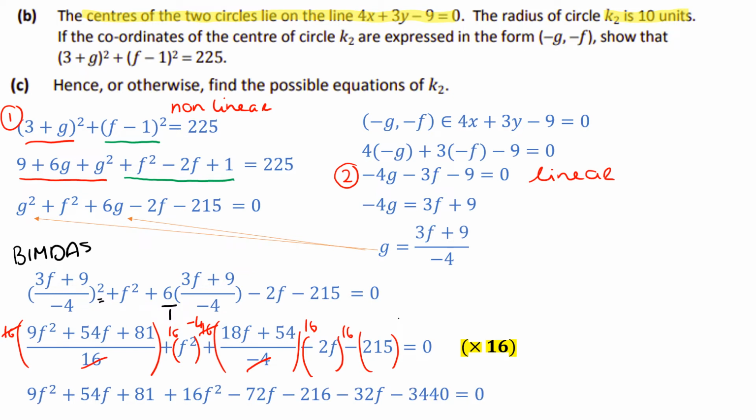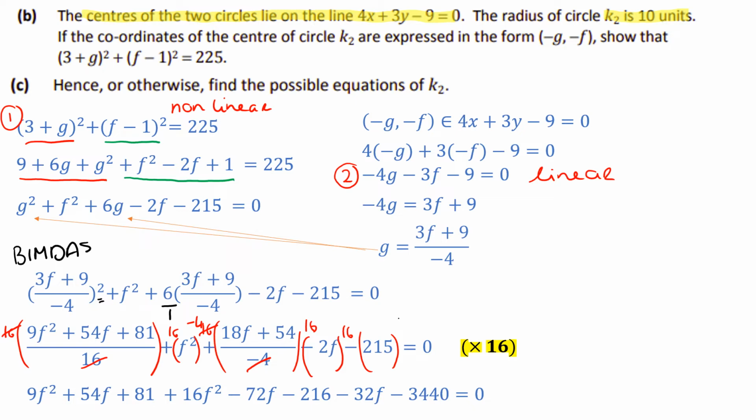When I do that, I get 9f squared plus 54f plus 81 plus 16f squared. Then remember, I'm multiplying the 18f plus 54 by a minus 4 because the denominator was minus 4. I was multiplying by 16, and 16 divided by minus 4 is minus 4. So I get minus 72f minus 216 minus 32f minus 3440.